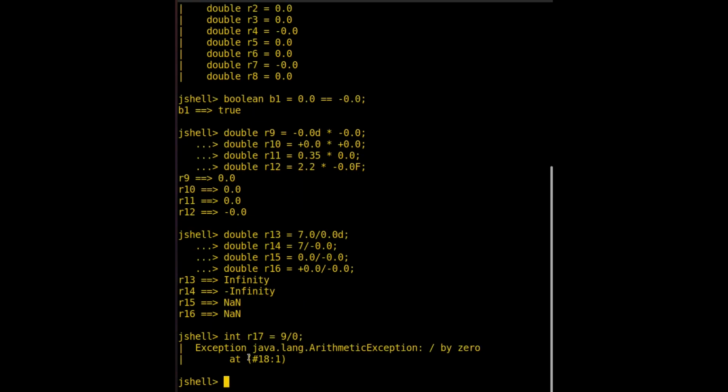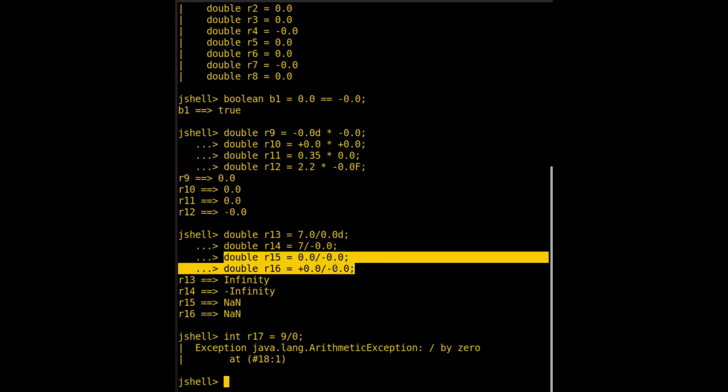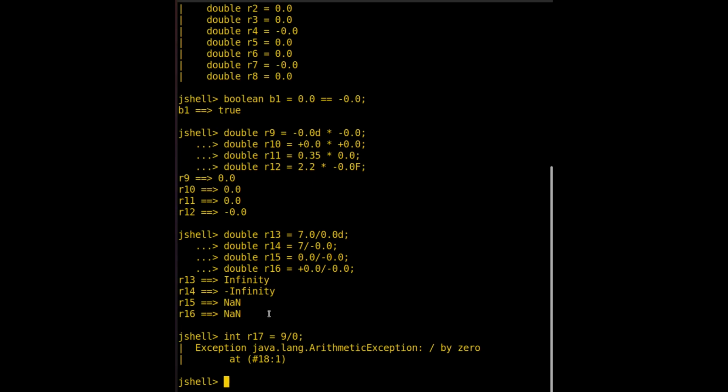Doubles divided by 0 give you NaN or infinity, as we saw in previous lessons, but when you're dividing integers by 0, it doesn't give you a NaN, it actually throws an arithmetic exception. So note that.